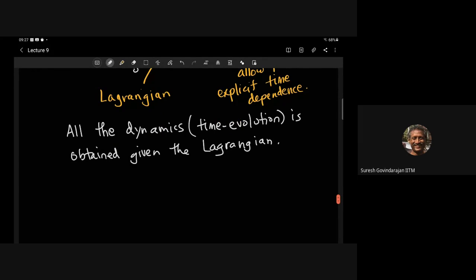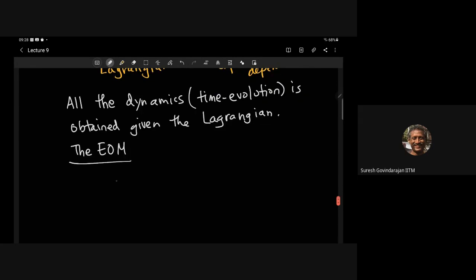And the equation of motion becomes, so this is something which we saw last time, dL/dq minus d/dt of dL/dq dot.